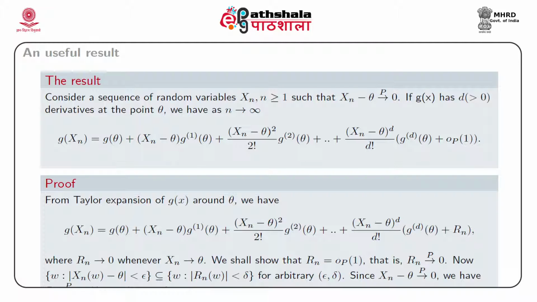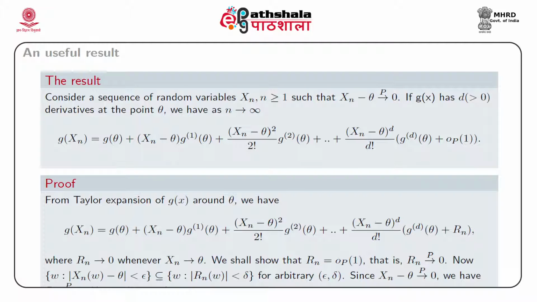From the Taylor expansion of g(x) around theta, we have g(Xn) equal to g(theta) plus (Xn minus theta) multiplied by the first derivative of g at theta, plus (Xn minus theta) whole squared divided by 2 factorial multiplied by the second derivative, up to (Xn minus theta) to the power d divided by d factorial multiplied by the dth order derivative of g, plus Rn, where Rn is the remainder and Rn tends to 0 whenever Xn tends to theta.